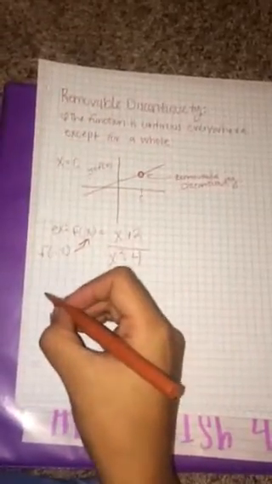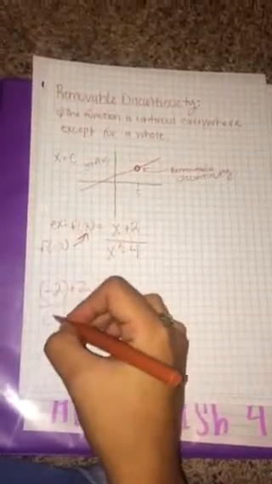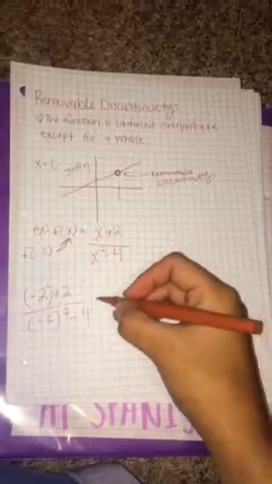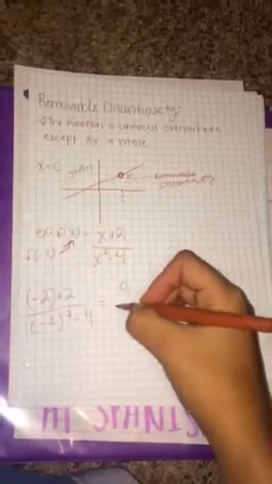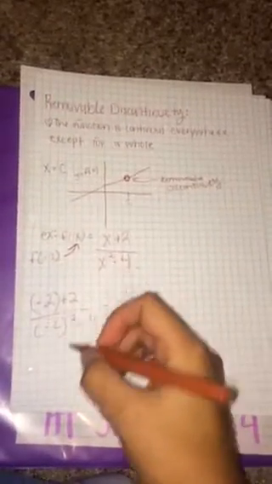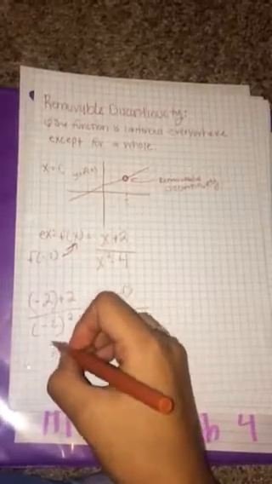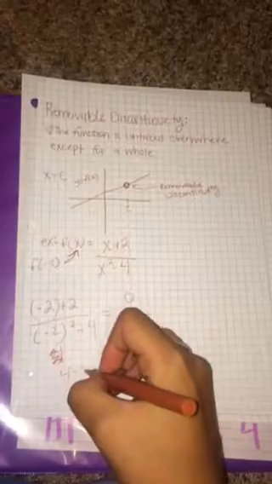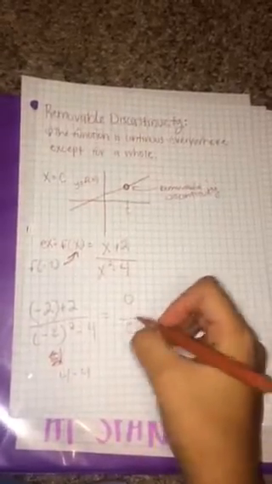We would get negative 2 plus 2 over negative 2 squared minus 4. Negative 2 plus 2 equals 0. Negative 2 to the power of 2 is positive 4, and positive 4 minus 4 gives you 0 as well.